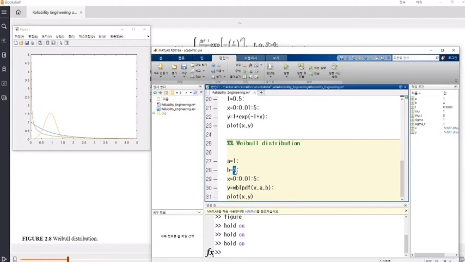What about beta equals 2? Okay, this is the case when beta equals 2. So this is why the beta. So alpha is a scale parameter. It may change the scale in x-axis or t-axis, and beta changes the shape of Weibull distribution. So beta is called a shape parameter.